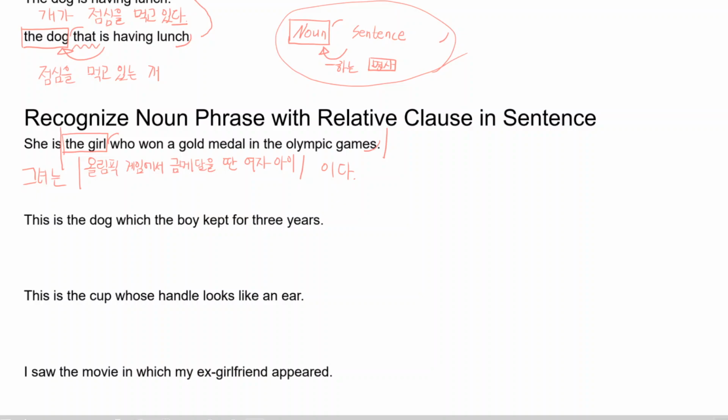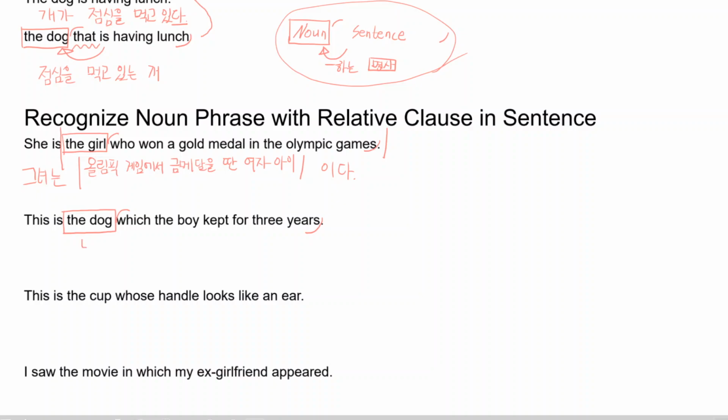Okay, next one. This is the dog which the boy kept for 3 years. Do you see the noun that goes in the box that is modified by the sentence that follows? Yes, here it is. The dog which the boy kept for 3 years.